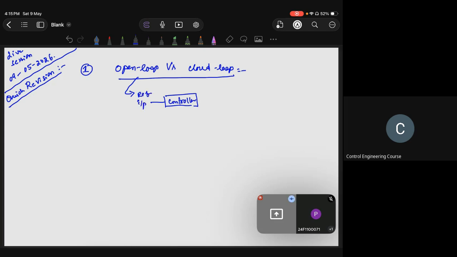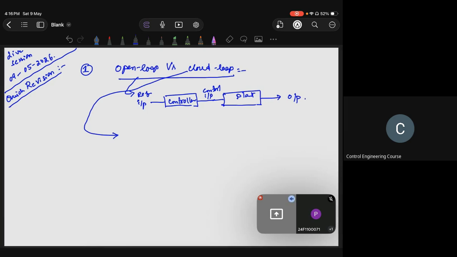The controller gives you the control input, which is given to the plant or dynamical system, and we get the output.